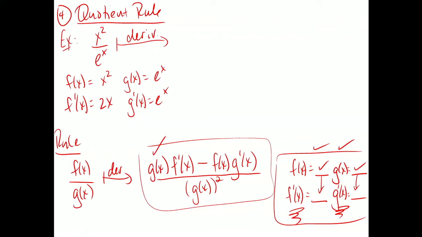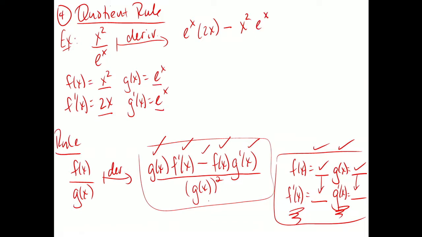So I should do g of x, that's g of x, times f prime, that's f prime, minus f of x, that's x squared, times g prime, which is e to the x.